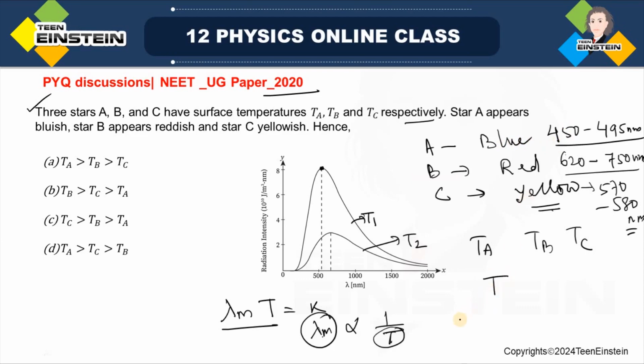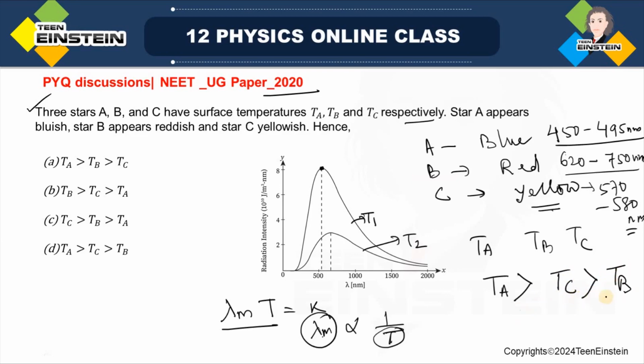That means the temperature of blue, that is TA, is going to have the greatest temperature of the star. And then you have yellow, so TC, that will be thereafter, and the temperature of the yellow star will be greater than the temperature of the red star.